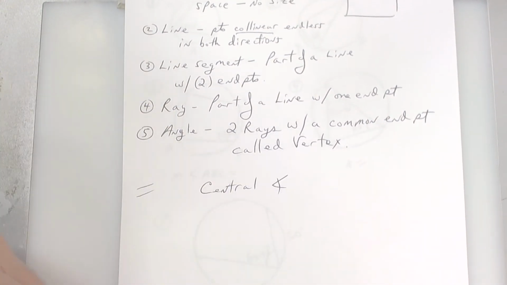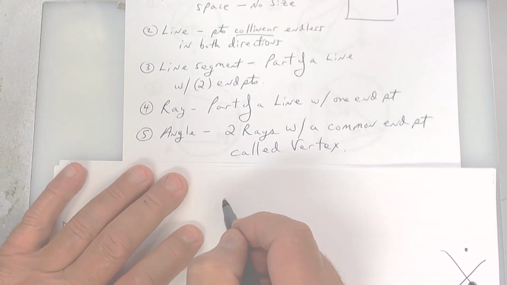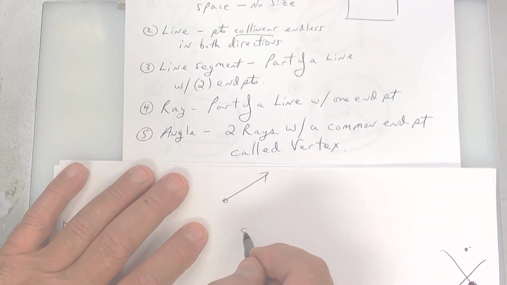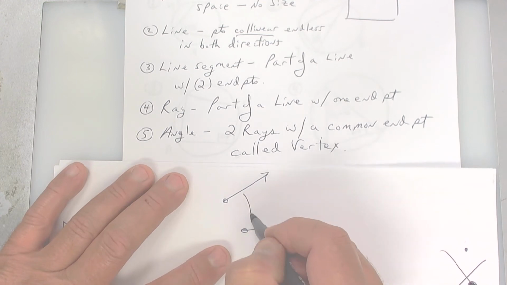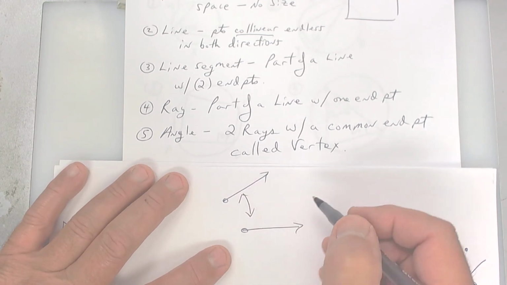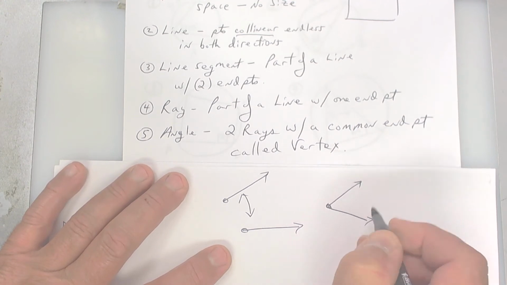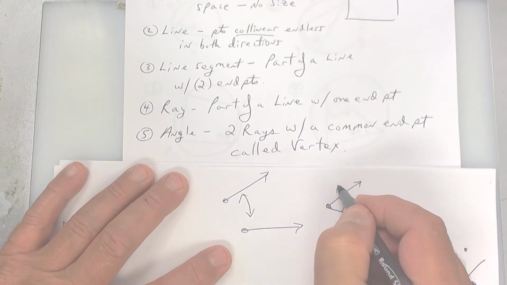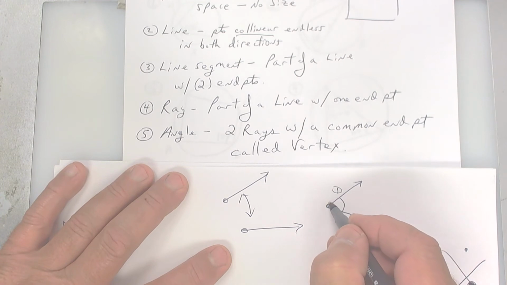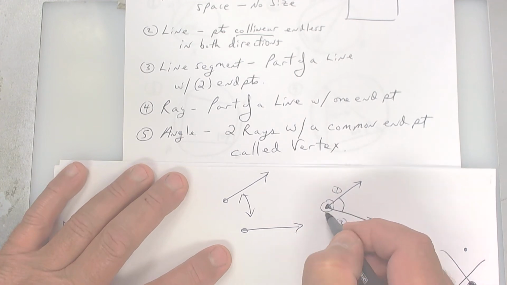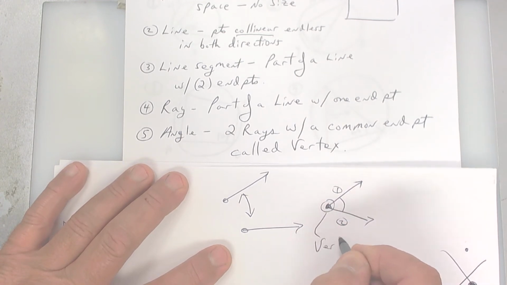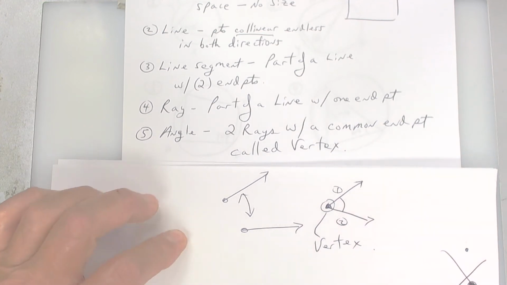That's a ray. An angle is where you take one ray like this and take another ray like this and put them together. And when you put them together, you're going to end up with something called an angle. An angle here is two rays connected by a common endpoint called a vertex. Write that down. You need to know this for the EOC.